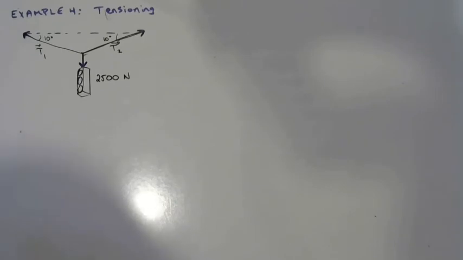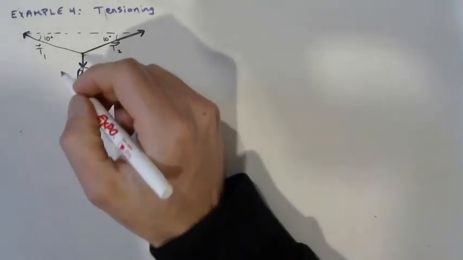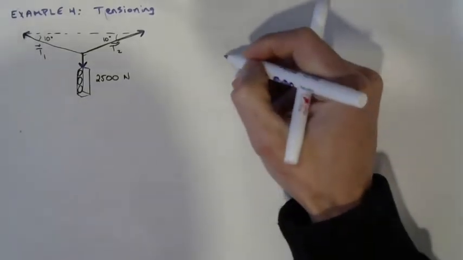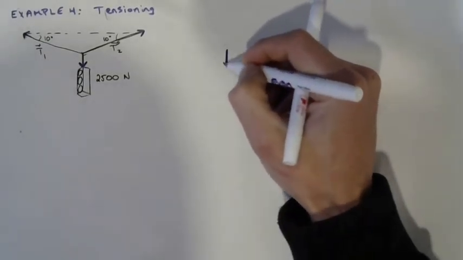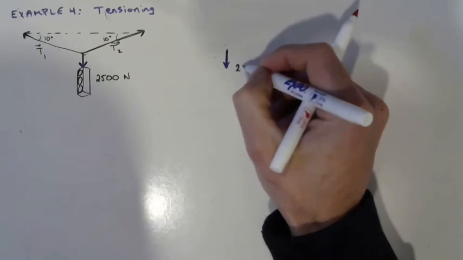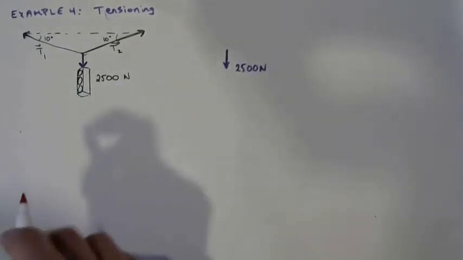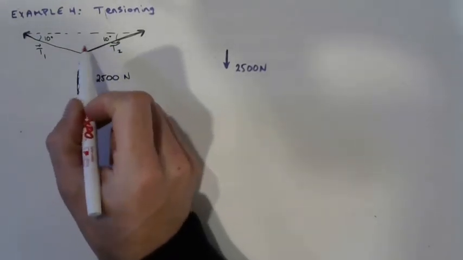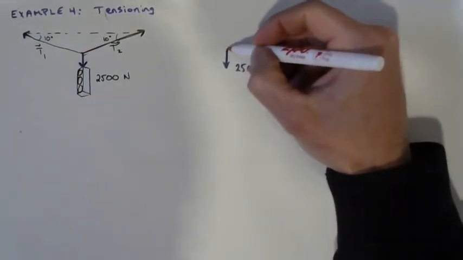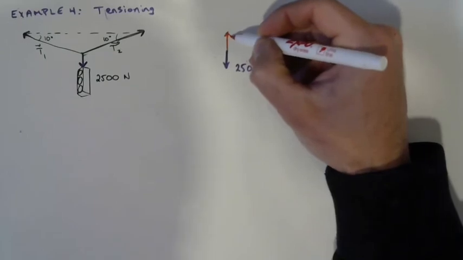And what ends up happening, if I redraw this, I'm just going to think about it as our downward force here. Do it in purple still. Okay, that's a downward force of 2,500 newtons, and I need to balance it out. So the resultant of our two tensioned wires needs to be the same length.